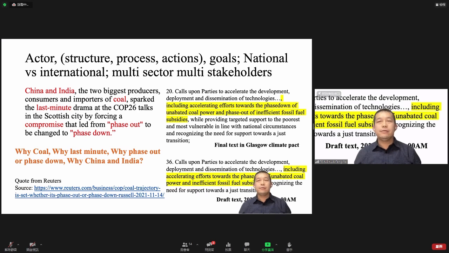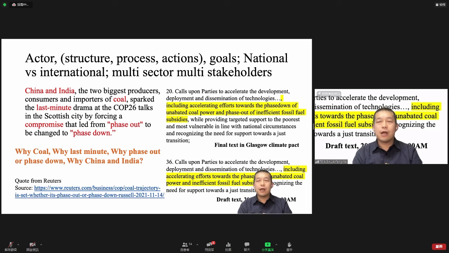And so we go back to the starting story of this debate on phase out and phase down. And we argue that we can use this actor, structure, process, action, goals framework to analyze this. So there are the players, the actors, of China, India, and the EU and other countries, and their process of negotiation and consensus, and the structural factors that constrain and shape the domestic policies and the interaction between domestic policy and international policies.